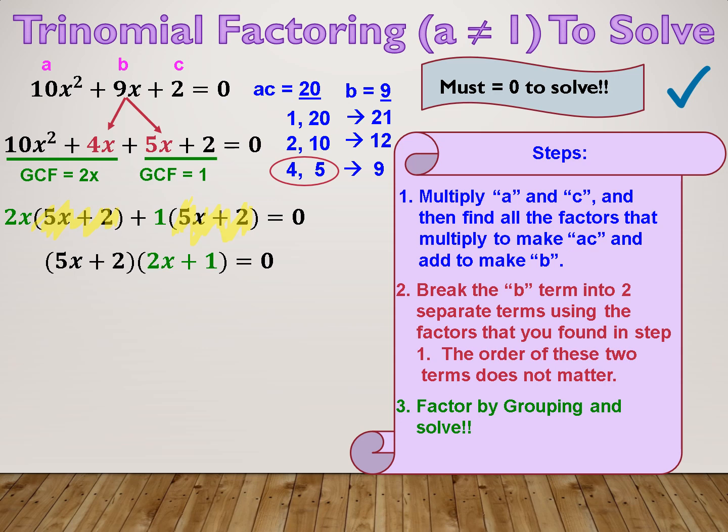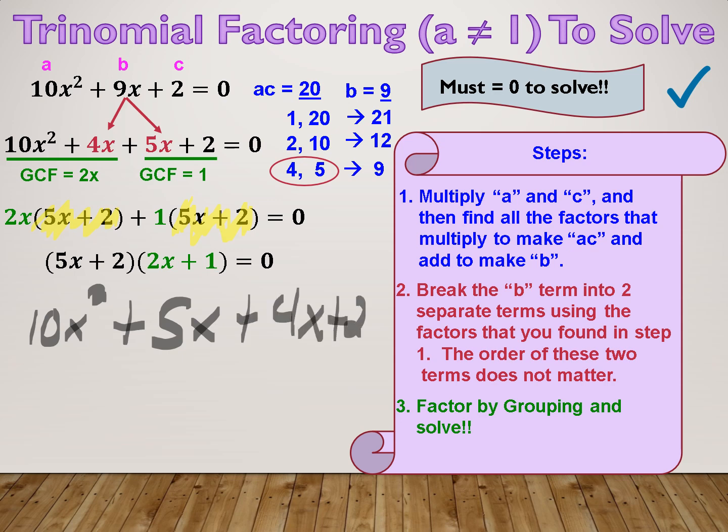Now, let's hit the pause button and say, what would happen if I had switched those? What would happen if I had 10x squared plus 5x plus 4x plus 2? Let's look at that. Underline the first two, underline the last two.